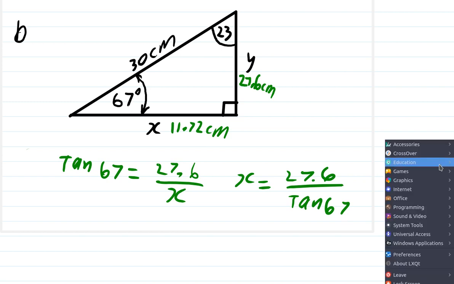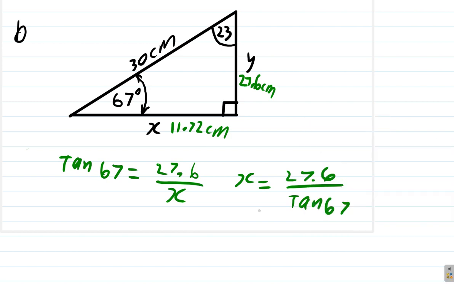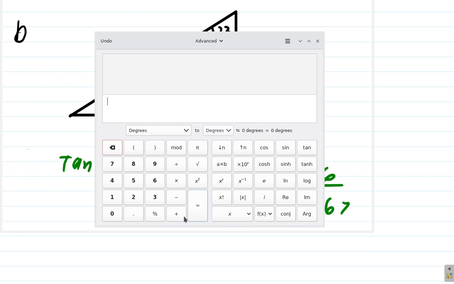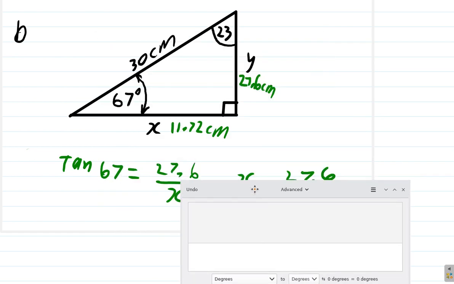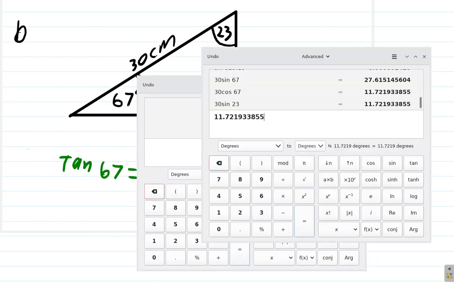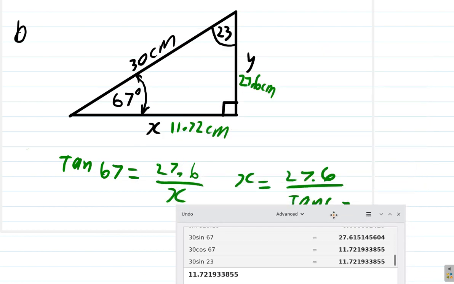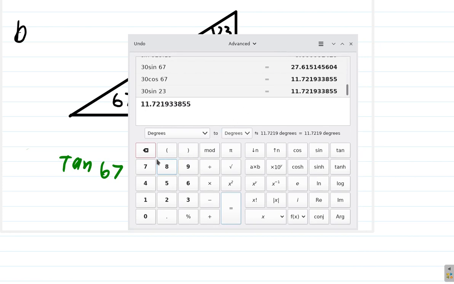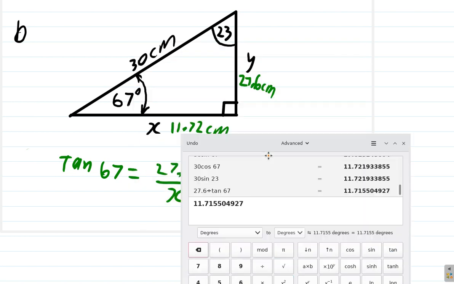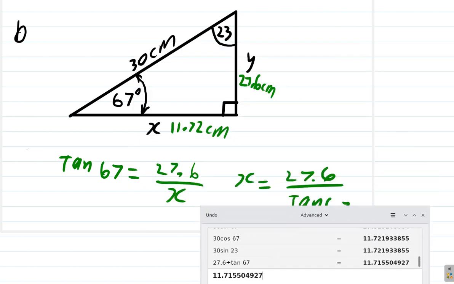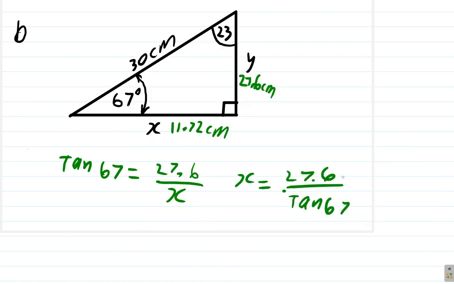Let's try with our calculator. 27.6 divided by the tangent of 67 equals 11.72 again, to 2 decimal places.